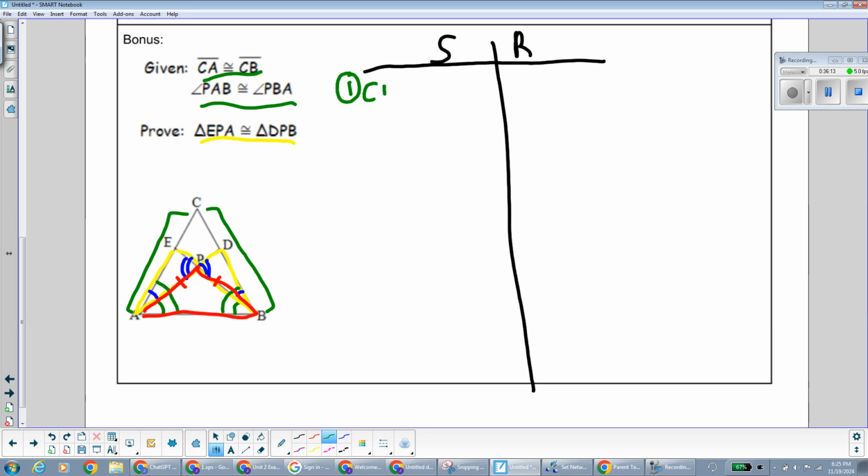Start with my givens. Okay, I'm going to do the subtracting first. I'll do the vertical angles last because that's the most straightforward.